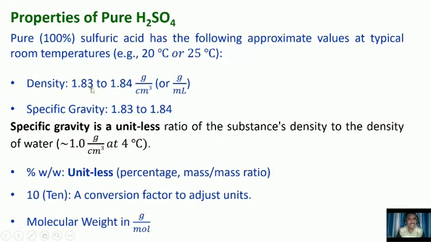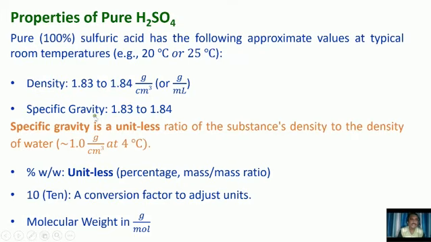This density is expressed as specific gravity. You can see that density has units of grams per ml or grams per centimeter cube, but specific gravity is unitless. I would like to mention here, specific gravity is unitless because it is a ratio of the density of H2SO4 to the density of water. It is a ratio of two densities.